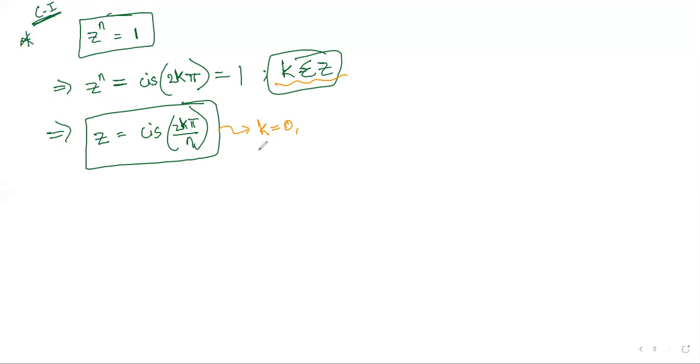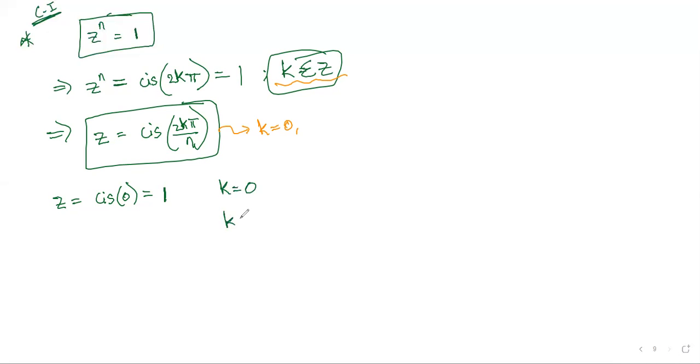When k equal to 0, you're going to get a specific root for this equation. z will be equal to cis 0, which is 1.